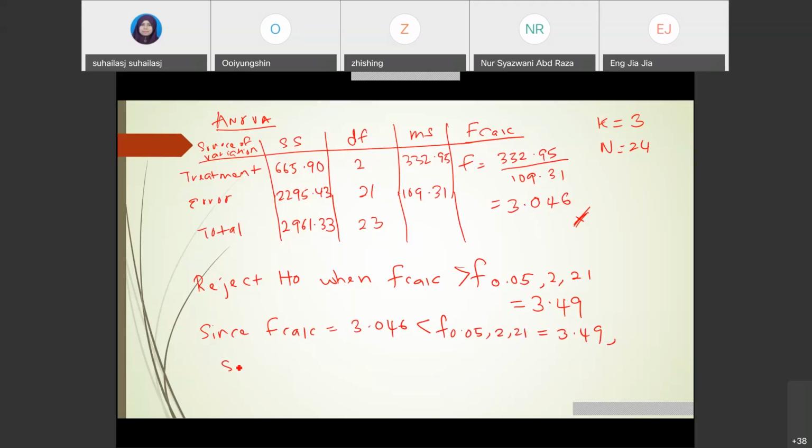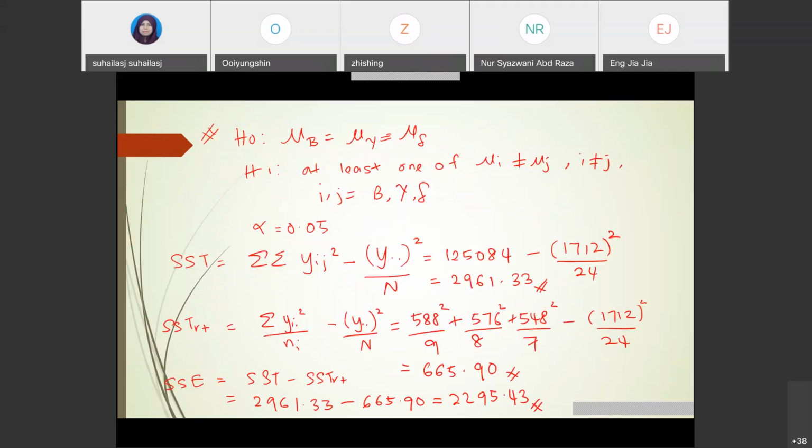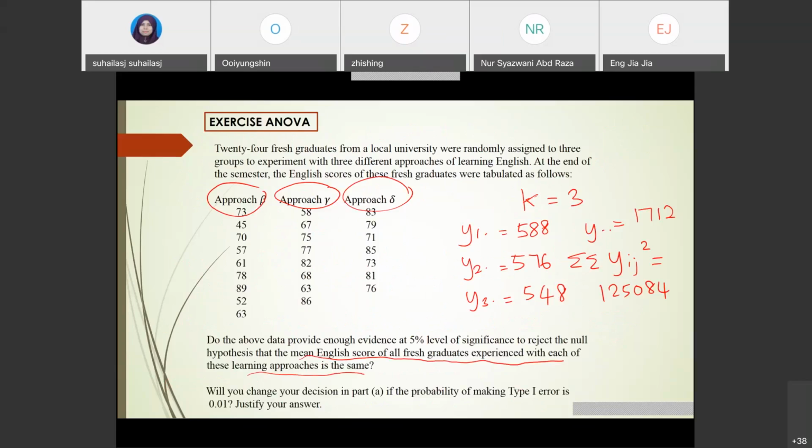we fail to reject H naught. That means our conclusion is that there is no significant difference between the three different approaches of learning English.